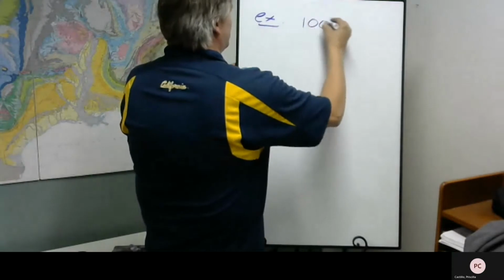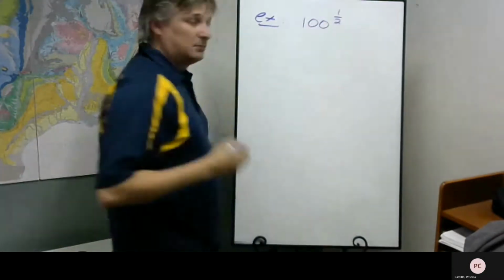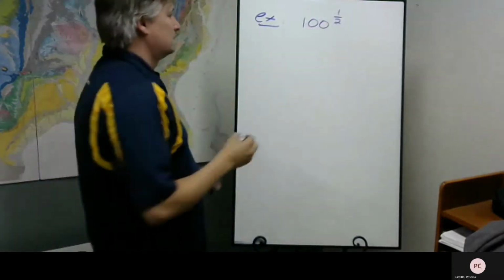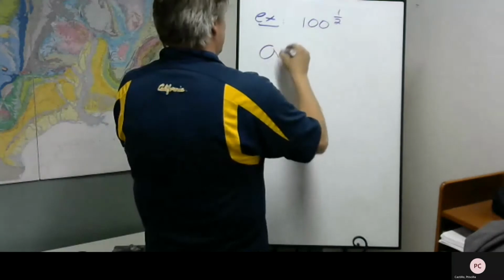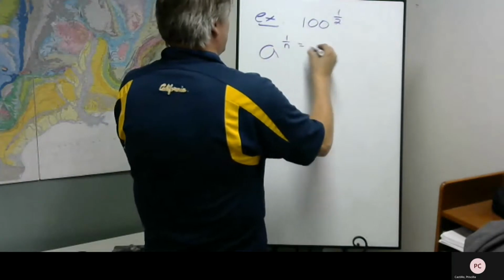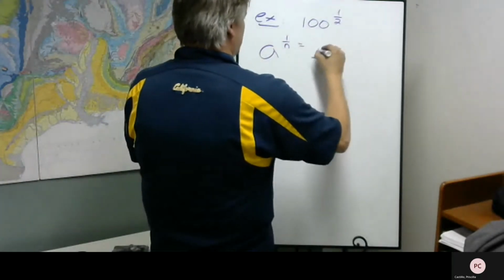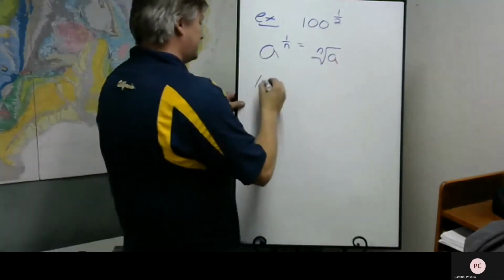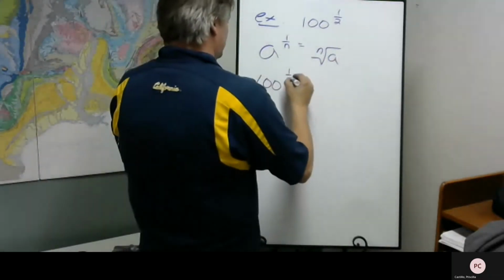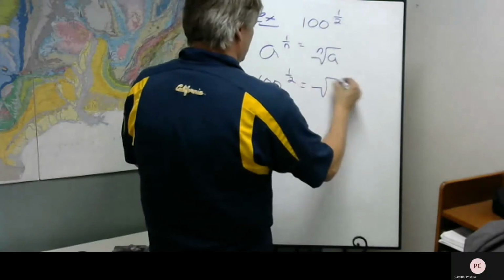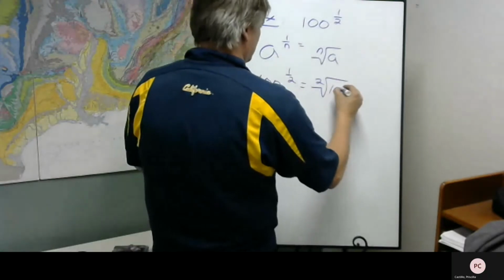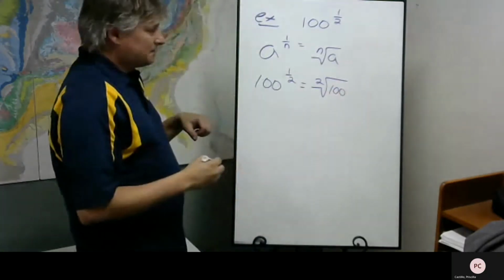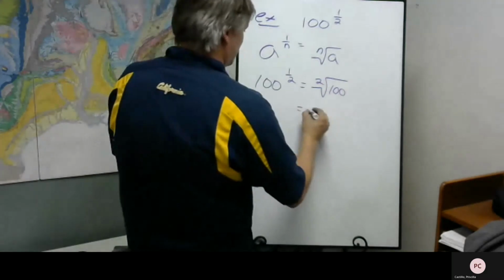So 100 to the 1/2. Again, a to the 1 over n is the nth root of a. So 100 to the 1 over 2 is the 2nd root of 100, which is the square root of 100.